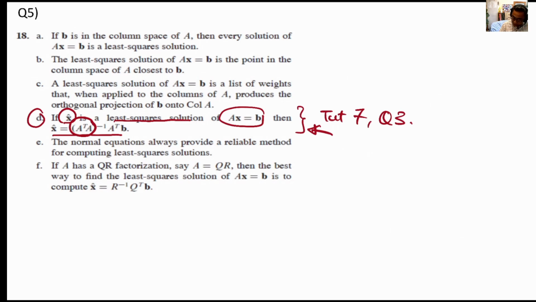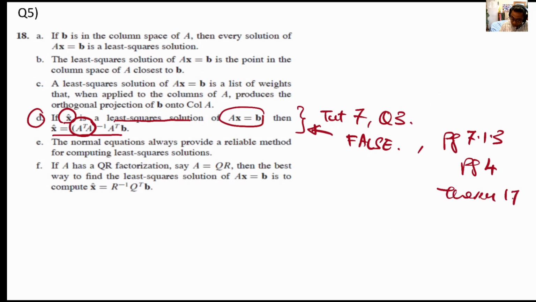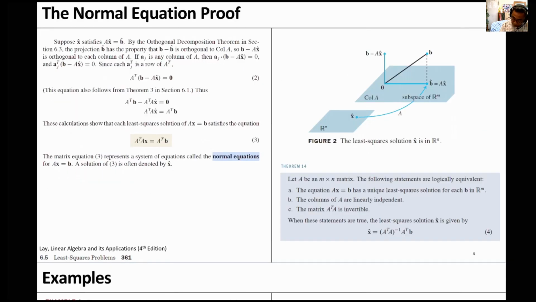For detailed reading, please see 7.1.3, page number 4, theorem number 17. Let us now turn to this slide. So we have seen this before.